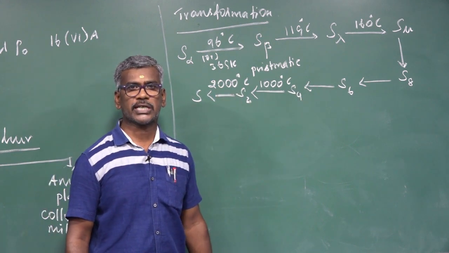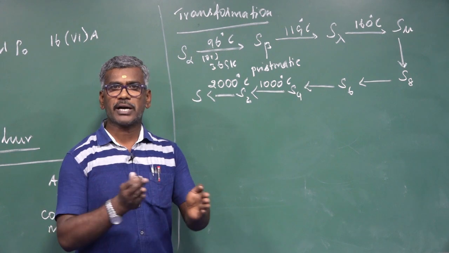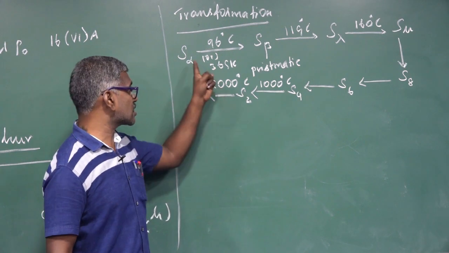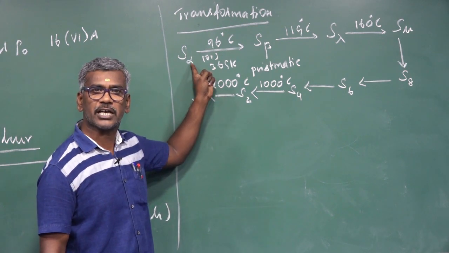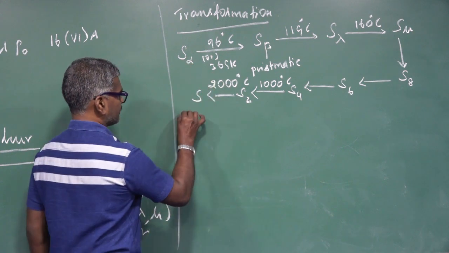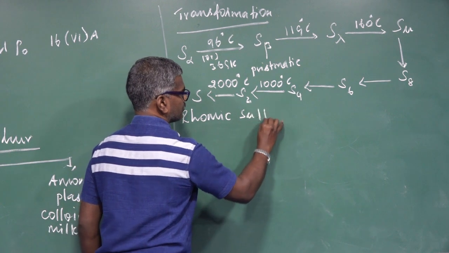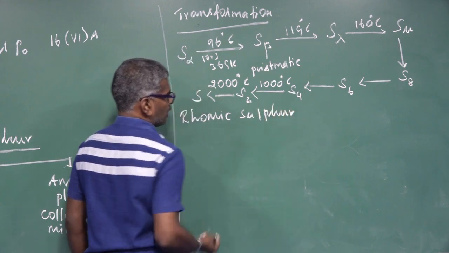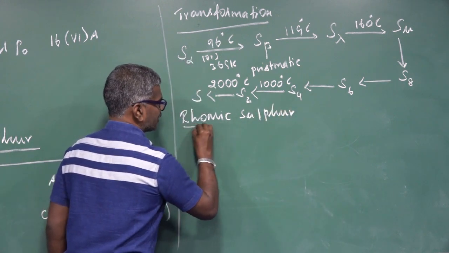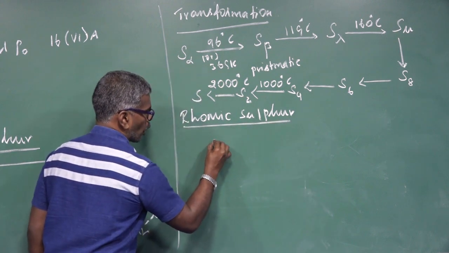Allotropes of sulfur are totally two types: crystalline form and amorphous form. First one is alpha sulfur, another name rhombic sulfur.